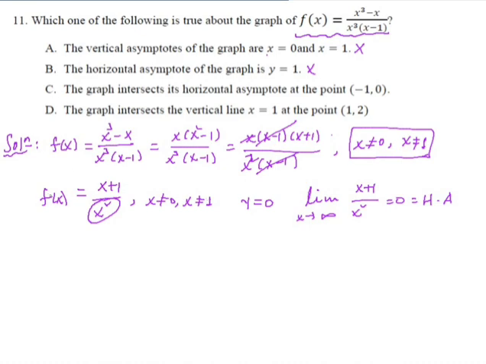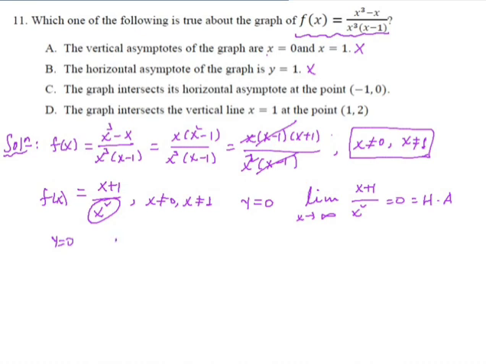The statement in C says the graph intersects its horizontal asymptote at x equals minus 1. First of all, the graph has a horizontal asymptote, which is y equals 0.